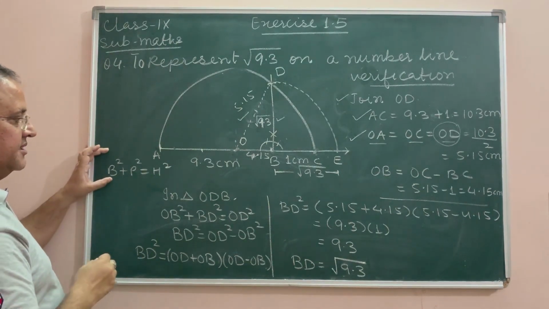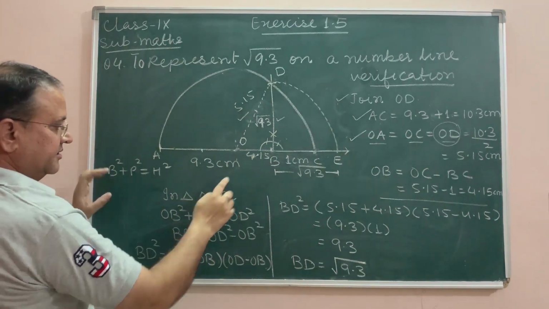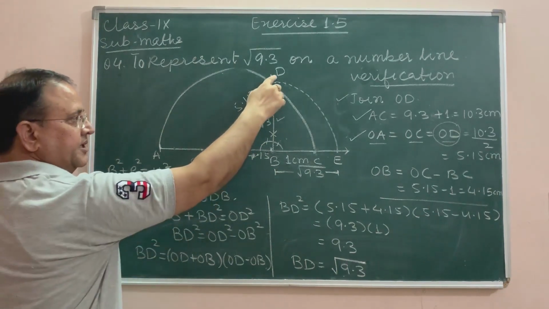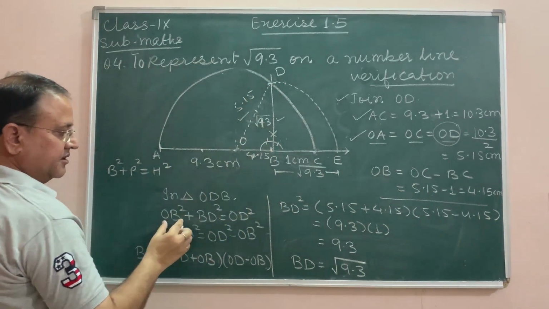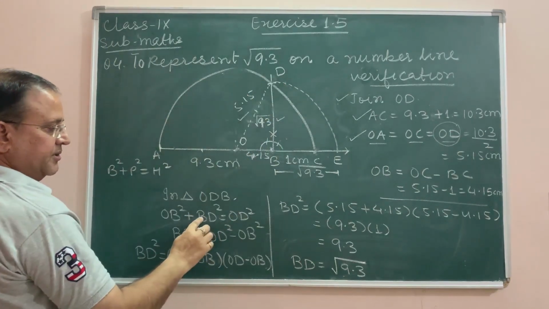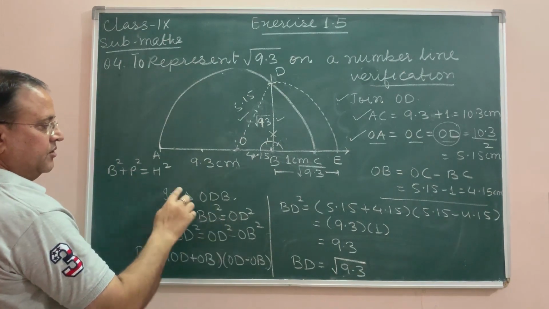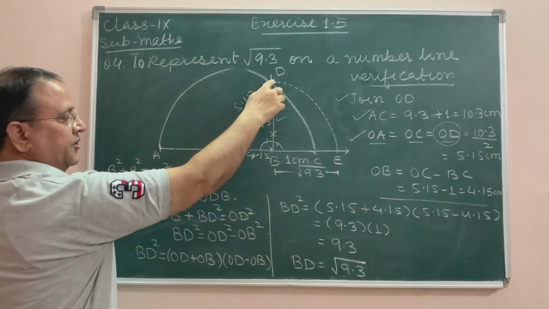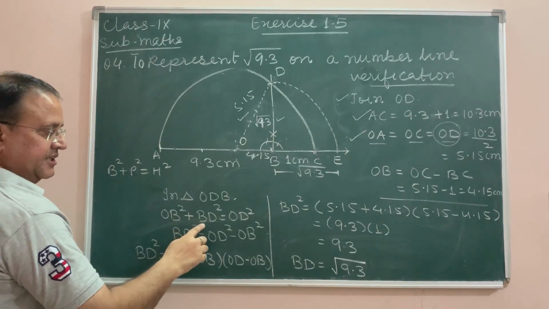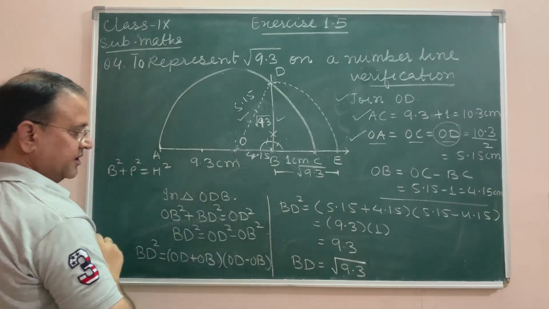Base is OB, perpendicular is BD, and hypotenuse is OD. So OB square plus BD square is equal to OD square.